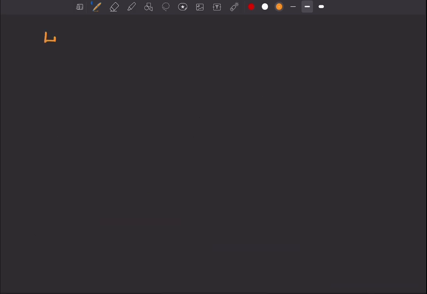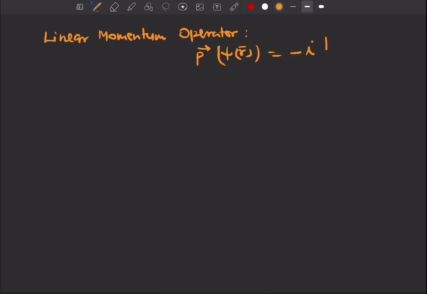When the linear momentum operator P is applied on a wave function, it becomes minus i h cross del psi(r), which can also be written as h cross by i del psi(r).